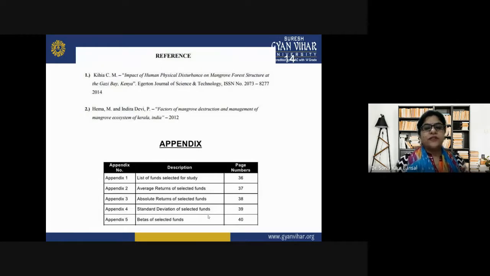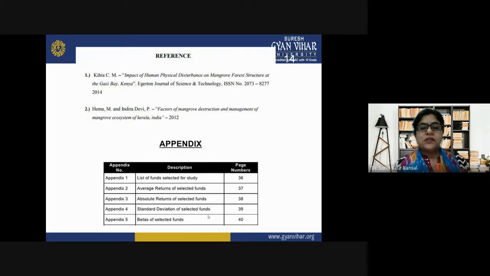Now see how the reference must be structured. You can see, students, that reference writing is different and the appendix is different. You can see how it is written: Kihia CM, impact of human physical disturbance on mangrove forest structure at the Gazi Bay, Kenya.